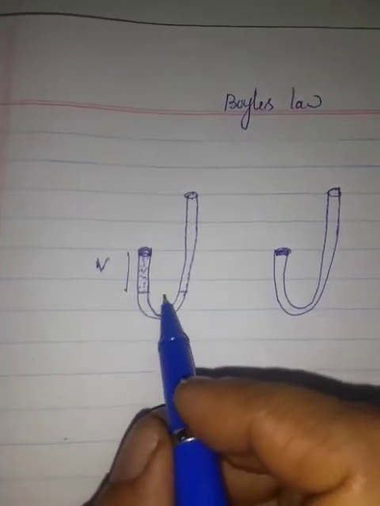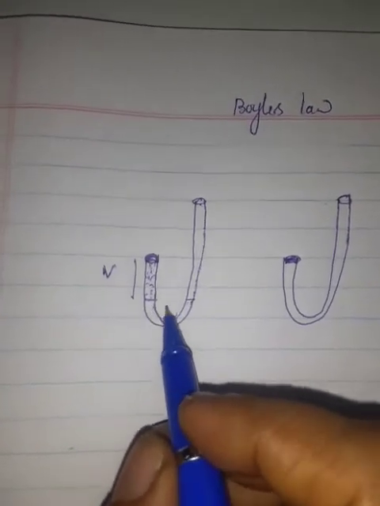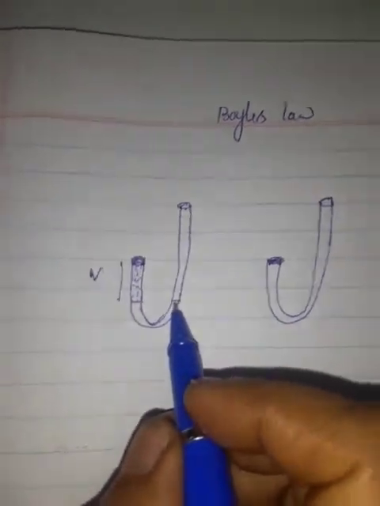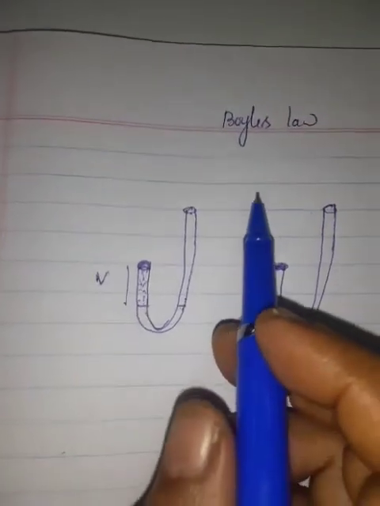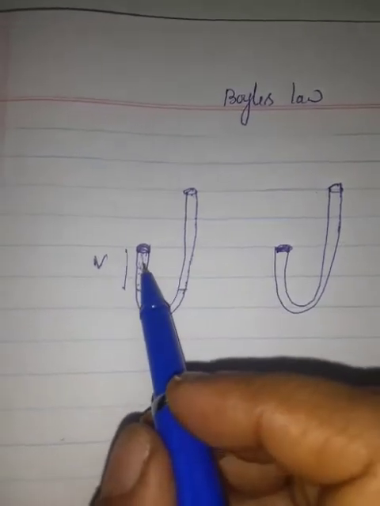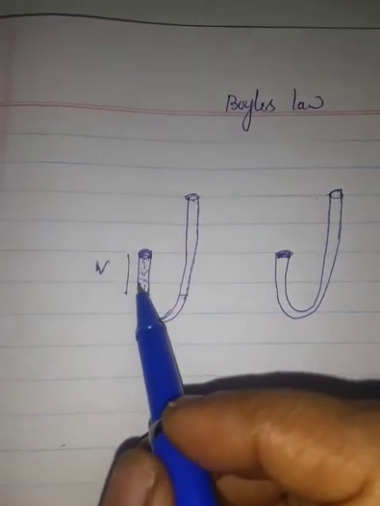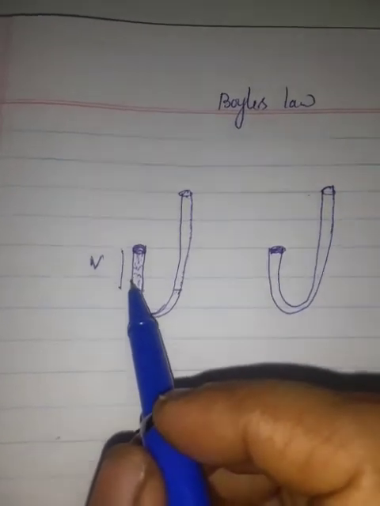Now here the levels are the same, both the levels are the same. This also indicates that the atmospheric pressure and the pressure of the gas present here are both equal.